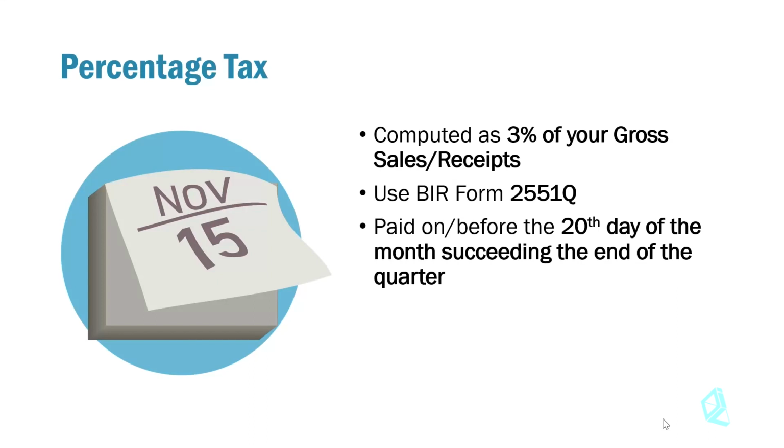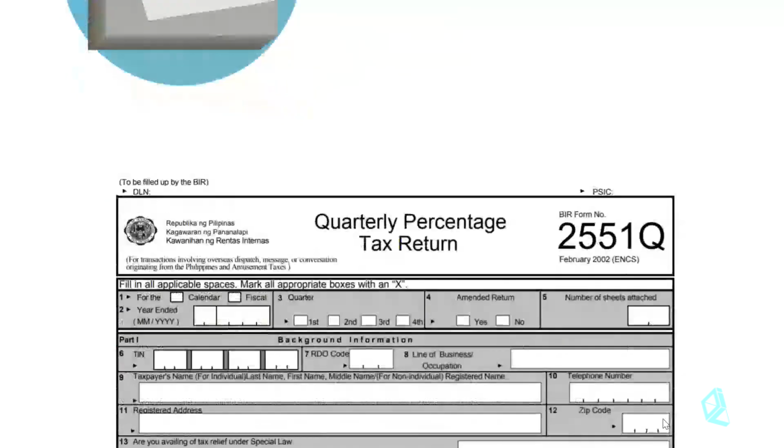For the first quarter, the end of the quarter is March, so you have to pay the first quarter percentage tax on or before April 20. Okay, so hopefully that's clear with you. We'll have some exercises later on.